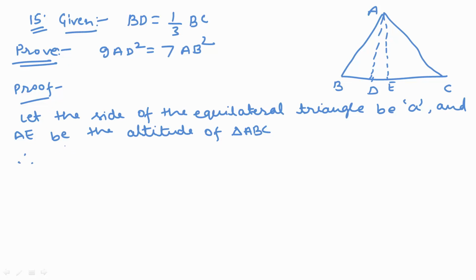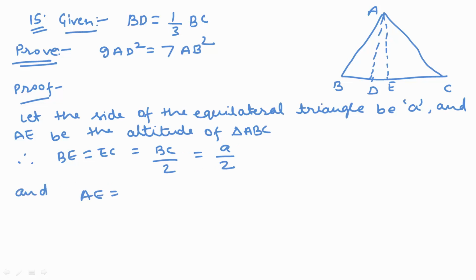Therefore, BE is equal to EC is equal to BC by 2. BC by 2 means half of one side, and the value of BC is A, so this is A by 2.